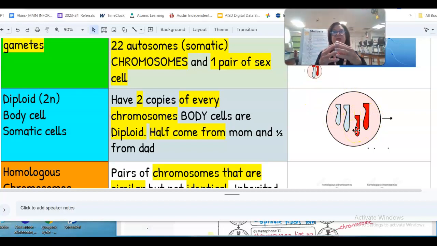And this happens when you get your egg and your sperm together, which had half the amount of chromosomes, and they come together and they make a diploid cell, which would give us the complete, in humans' case, 46. So I'd get 23 from mom and 23 from dad. They come together and I have 46 chromosomes, and that would be a diploid cell.